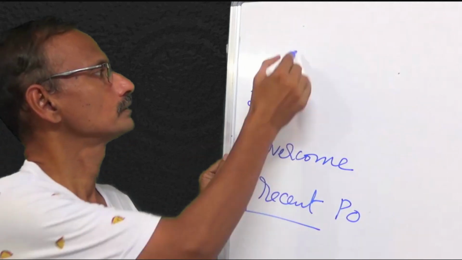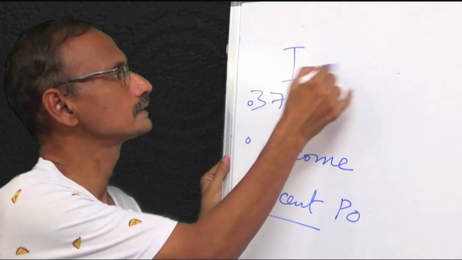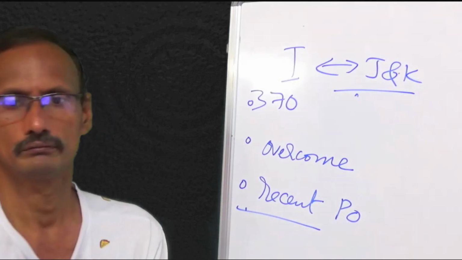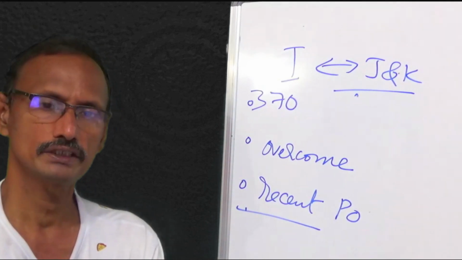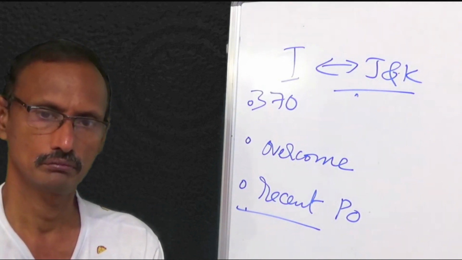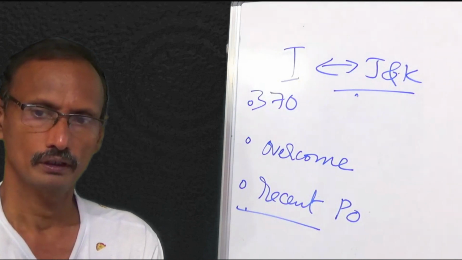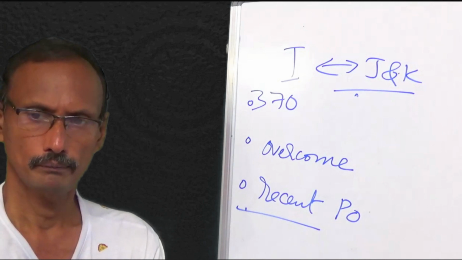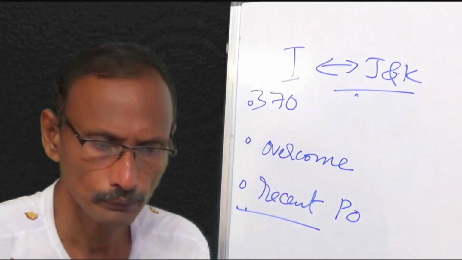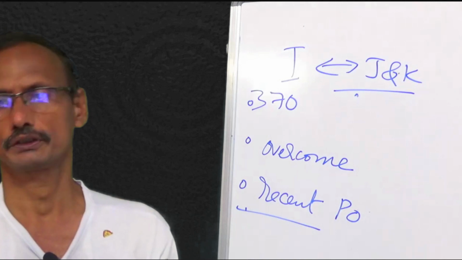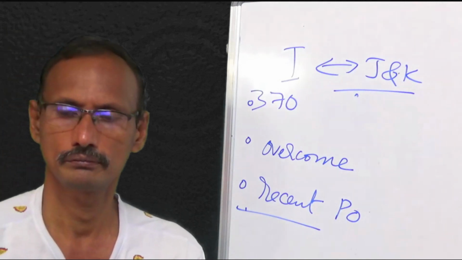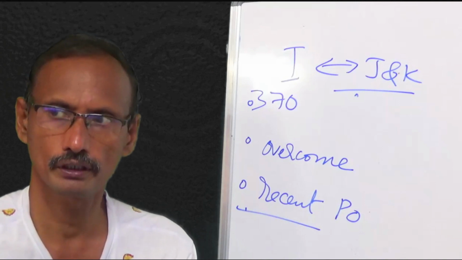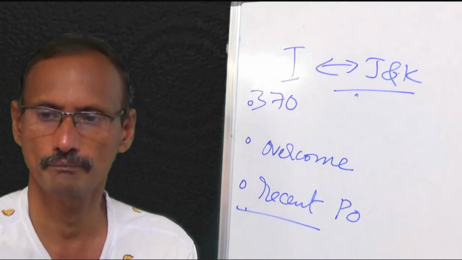370 is the one that links India and Jammu and Kashmir. 370 defines the relationship. Okay. You can say this is equivalent to a constitutional arrangement between India and Jammu and Kashmir.